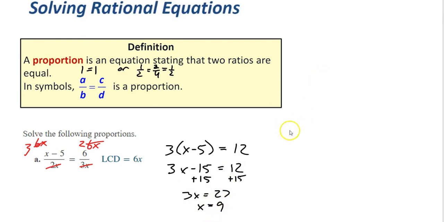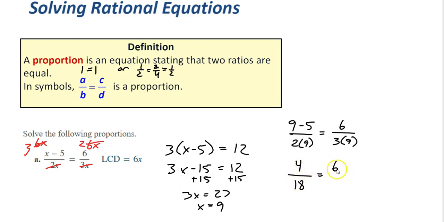Okay, well let's look at this. Whenever I plug this x back in, I get 9 minus 5 all over 2 times 9 equals 6 over 6 times 9, pardon my dog in the background there. Okay, well 9 minus 5, that's going to be a 4. 2 times 9 is 18.